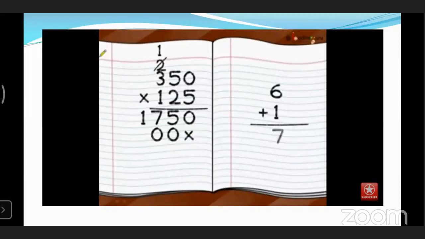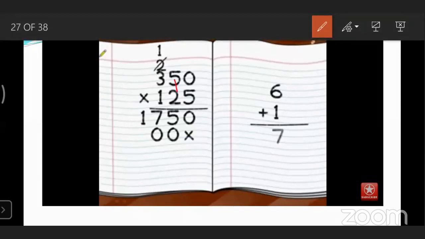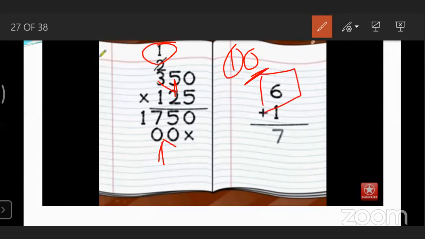Now, 2 5s are 10. This 0 we have written here and this 1 is carried over here. Can you see? Yes, very good. Now, next 2 3s are 6, and this 1 carried over we have written here, right?